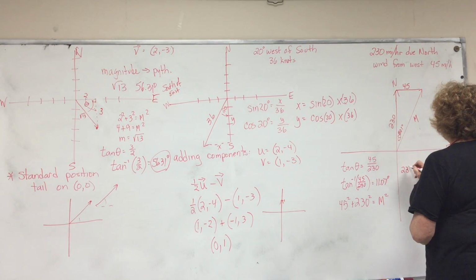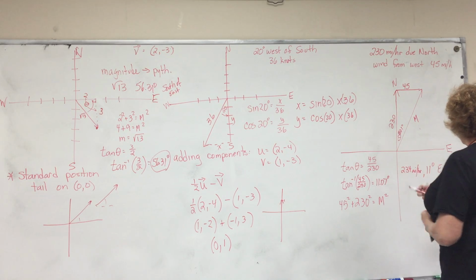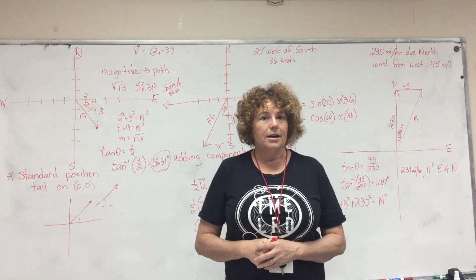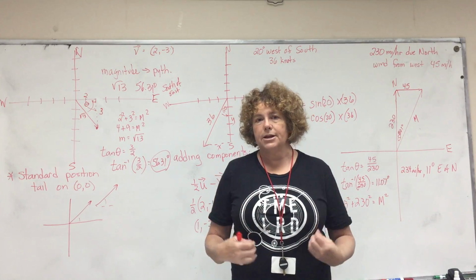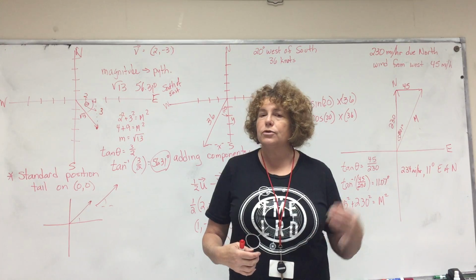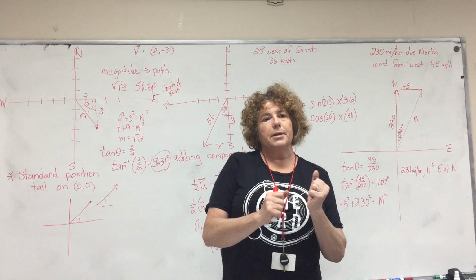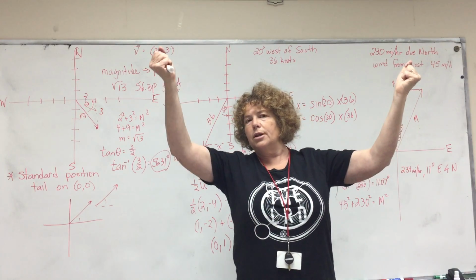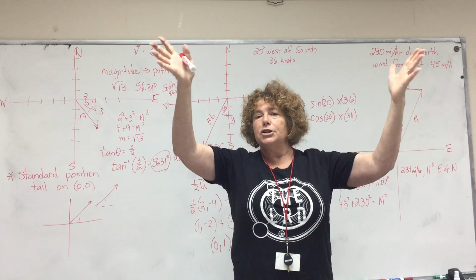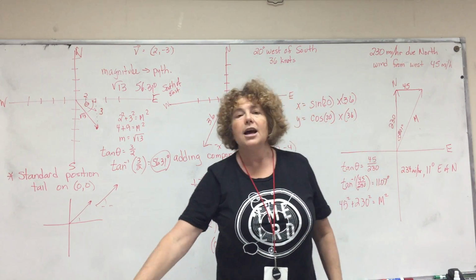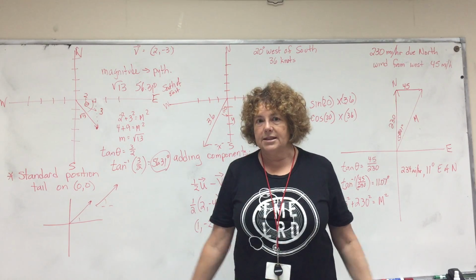So 234 miles an hour, 11 degrees east of north is going to be his actual velocity. Okay, so draw the pictures. Draw the picture of the river with the current going this way, or draw the picture of somebody pulling a rope this way, somebody pulling a rope that way. Add your components to find out what the force added together is. There's a lot of things you can do with this.